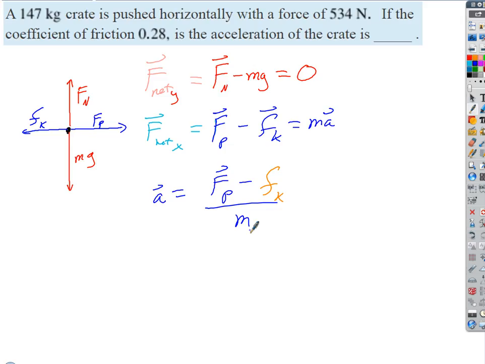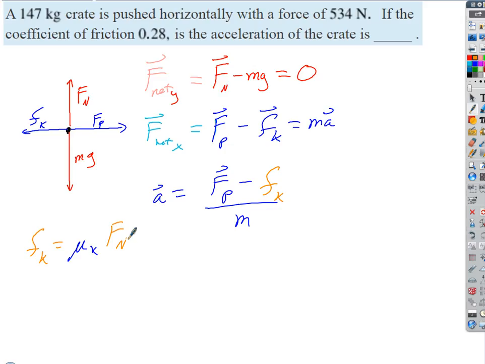Well, we write out the equation for friction, which we know. Kinetic friction is equal to mu sub k, which we know, times normal force, which we don't know yet. So we could make that substitution. I'm going to write this out as steps, although you could combine steps here.